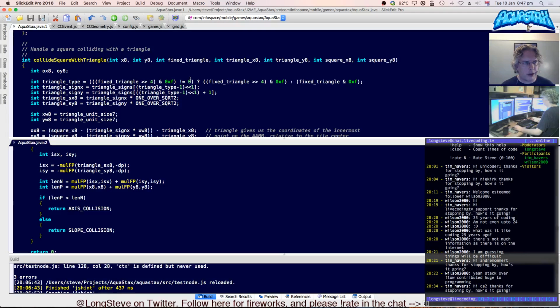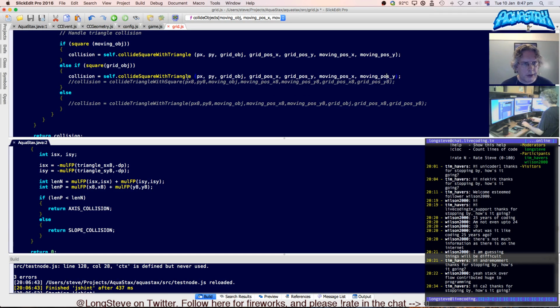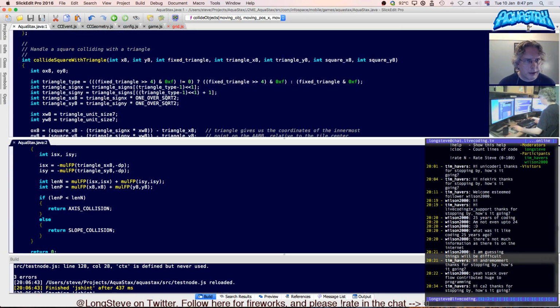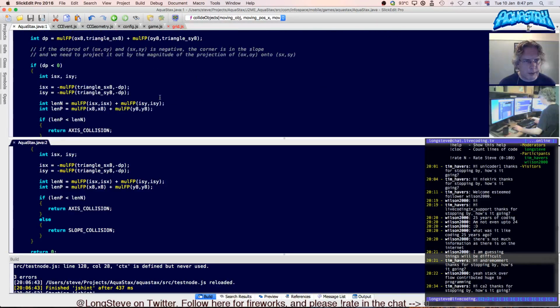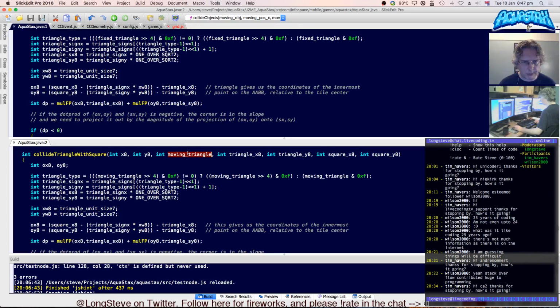So actually, I can call, where are we, grid. I can just do the same thing again here. So we've got collision self collide triangle with square. All we're doing is passing the triangle in as the fixed triangle or the moving triangle, is what the parameter was called, wasn't it? Yeah.